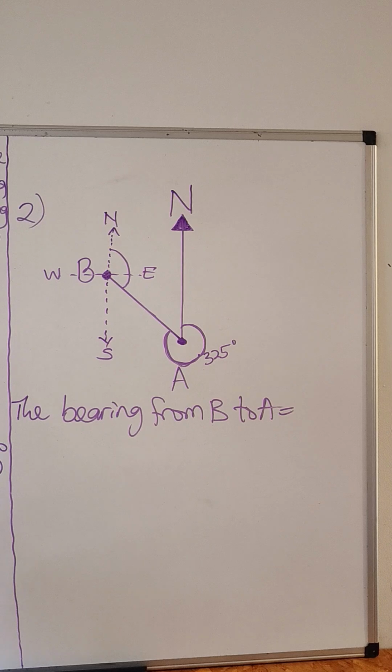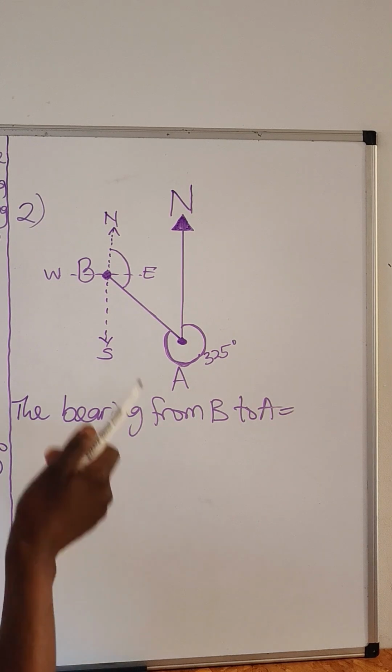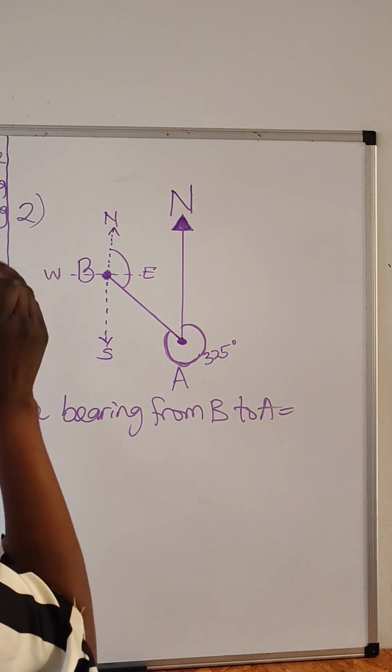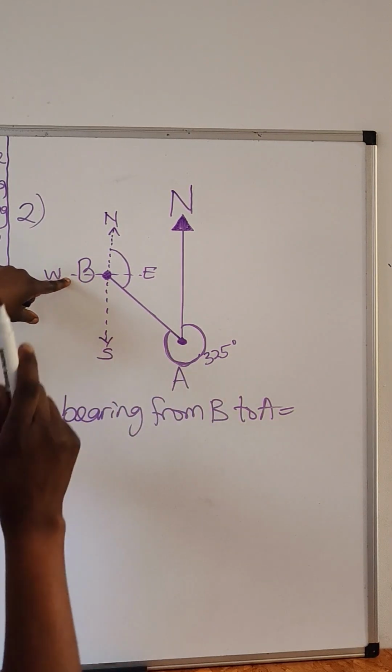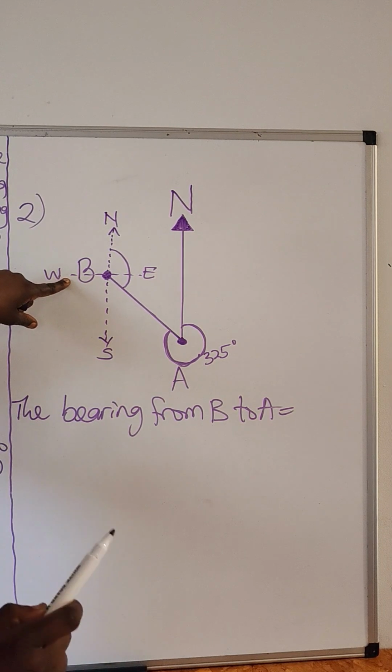I think I'm making sense here. The bearing from A to B has been given to us as 325 degrees.